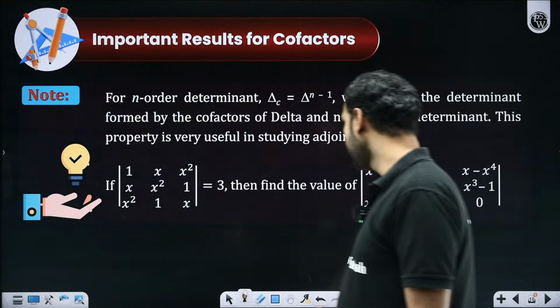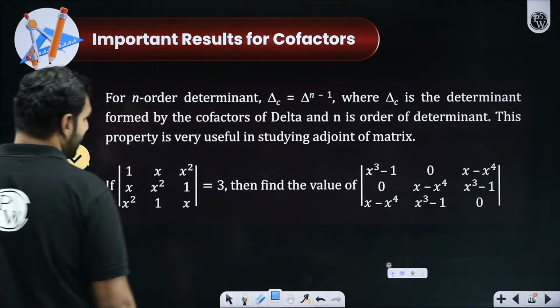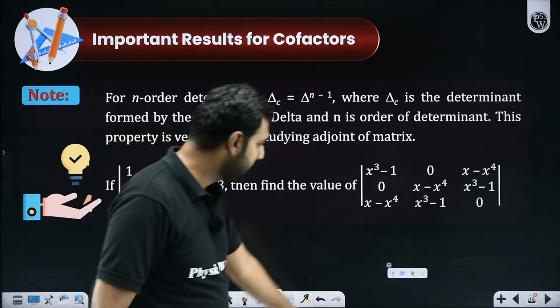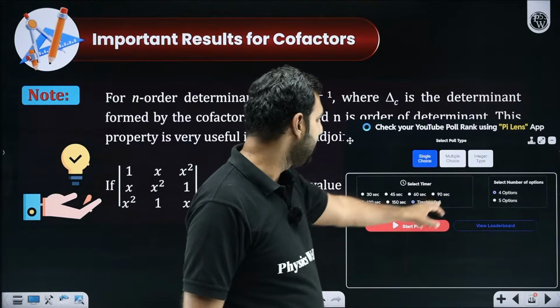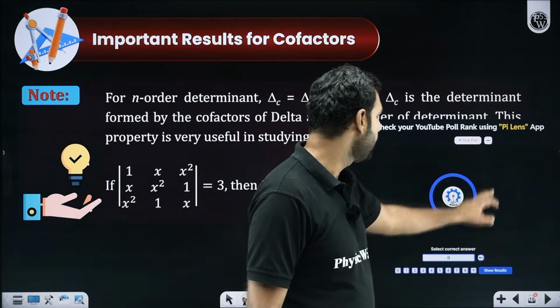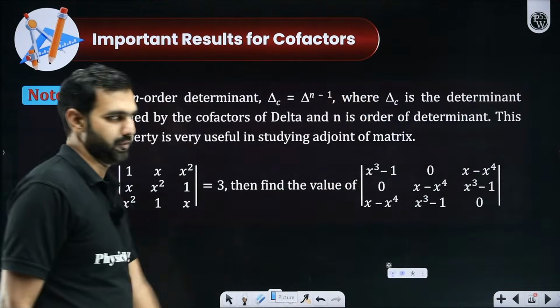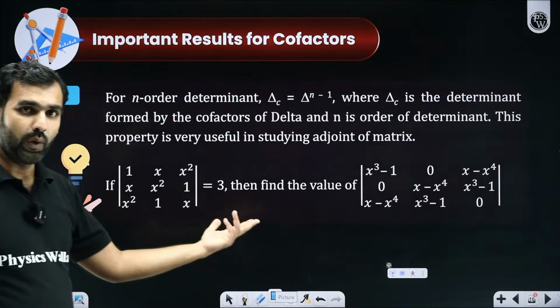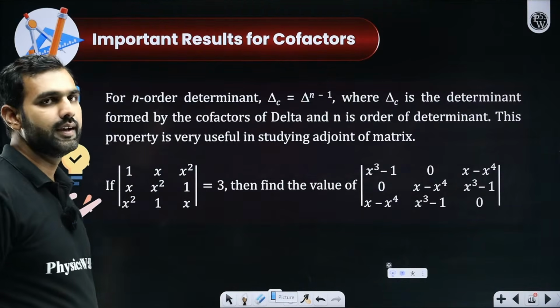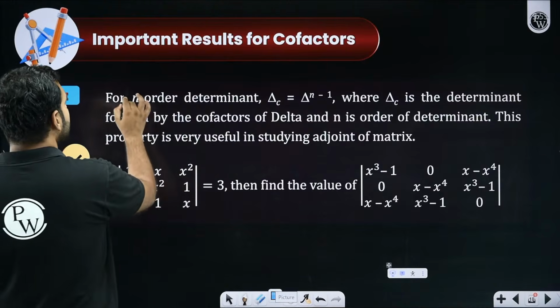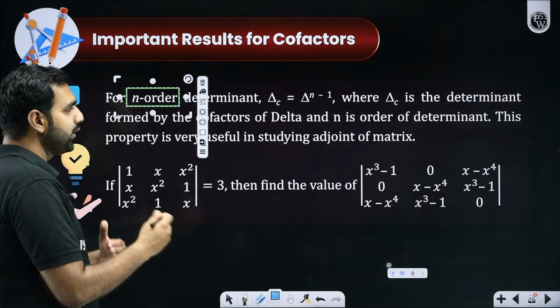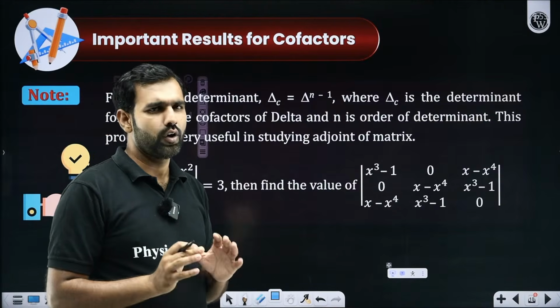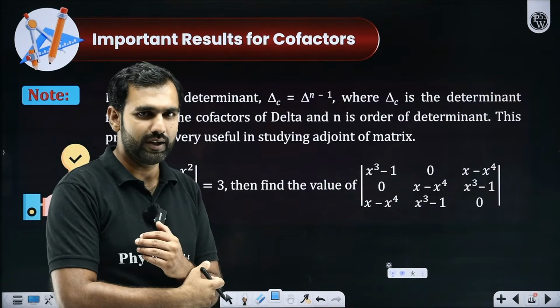Where I am bringing you one more very insightful fact here. And there I'm treating it as a poll. Let me ask you a question. Tell me, what do you think should be the answer to this question? But before you answer, look at the theorem here. If there is an n-order determinant, so 2 by 2, 3 by 3, 4 by 4, of course, mostly you are restricted to 3 by 3 only as per your syllabus.